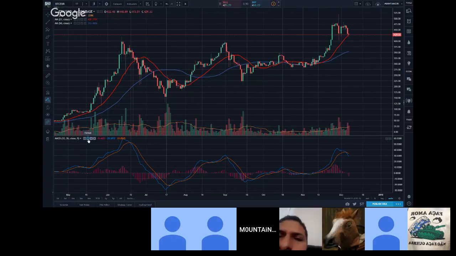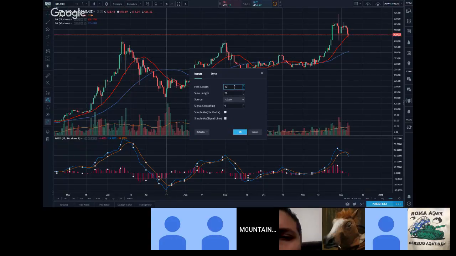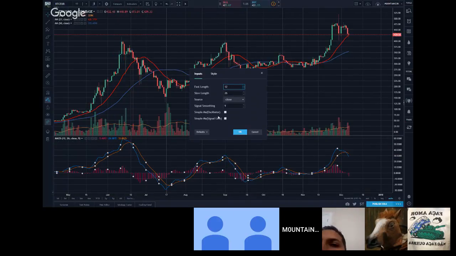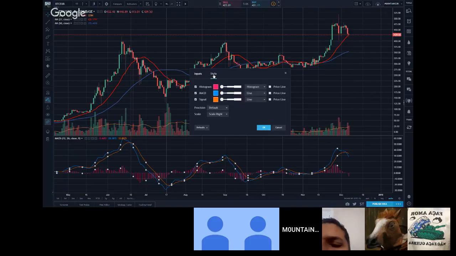The standard settings for MACD are going to be 12 days or 12 periods, 26 periods, and then a 9-period signal. Okay. So in this case here, if I bring that back up here again, our signal is orange.